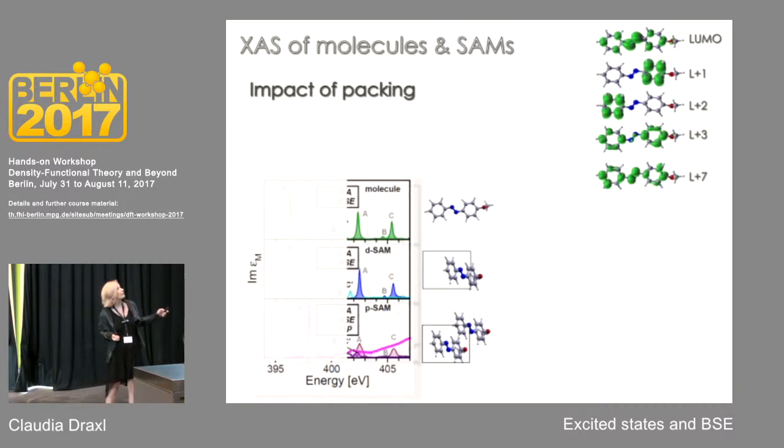So obviously, here we have electron density, and this gives rise to this first peak. Now, LUMO+1 and LUMO+2 don't have any density at this nitrogen bridge. It's only LUMO+3, which has density here again. And that's why the B peak comes from an excitation to LUMO+3. And the next excitation is given by LUMO+7, which gives rise to this peak C here.